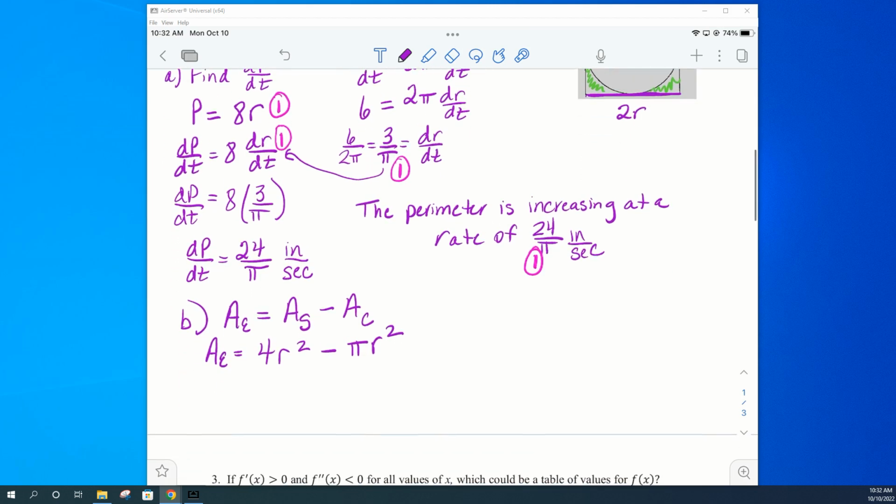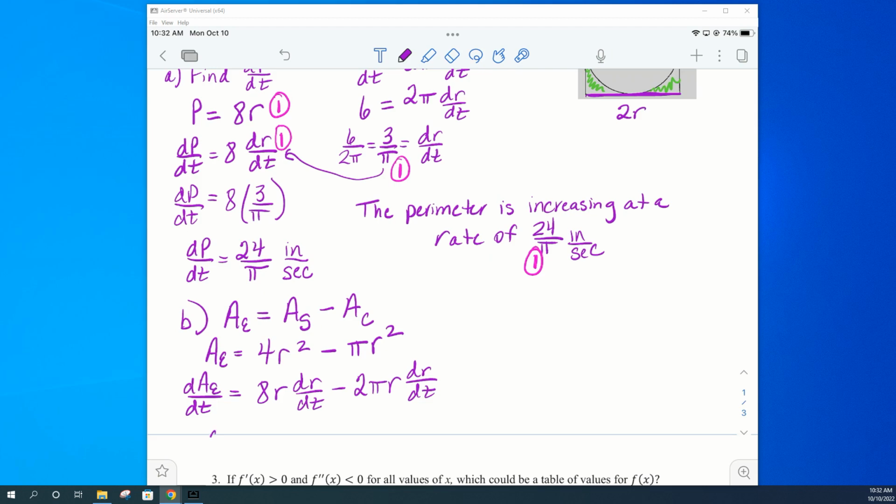Now, what would the derivative be? Because I'm looking for this amount. That would be 8r dr dt minus 2 pi r dr dt. And the nice thing is, in letter A, I already found dr dt. So I'm like, I'm looking pretty good.